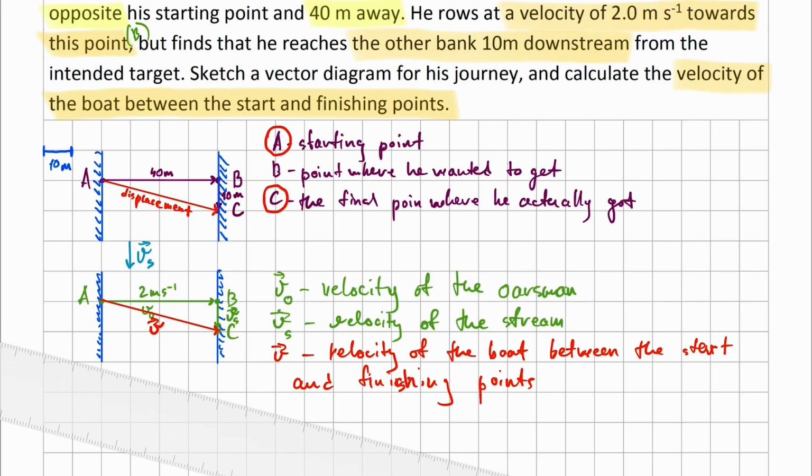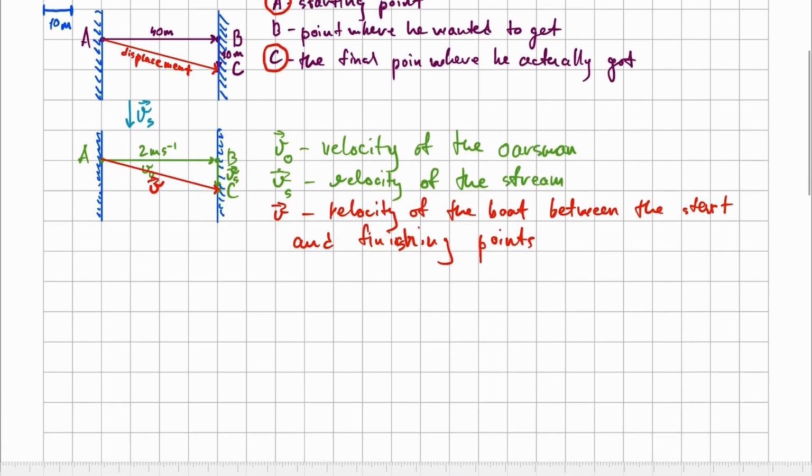They don't say that this is the velocity of the boat. And we need the velocity of the boat, okay? So these are two different velocities, actually. These are two different things. So that's what we are trying to find.